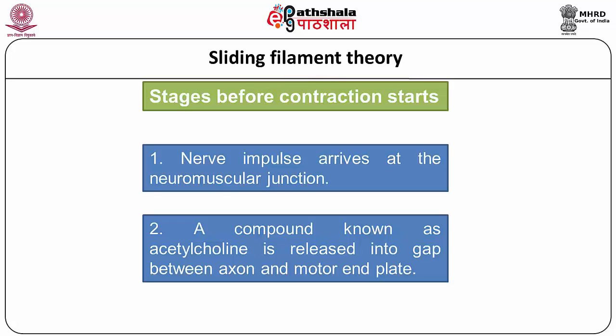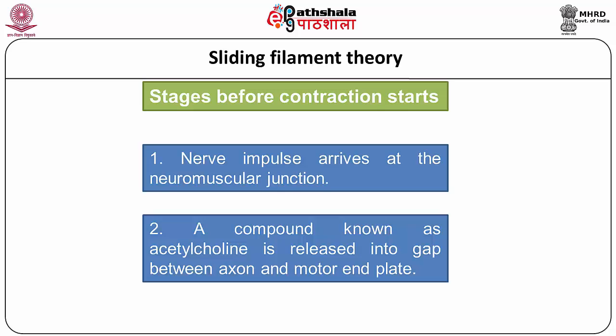The sliding filament theory is the most accepted theory of muscle contraction to date, since it can explain the majority of the actions in detail. The sliding filament theory explains the contraction process. However, before the contraction happens, the electrical impulse has to come to the muscle. So there are 5 stages before the contraction of the muscle actually starts. In the first phase, the nerve impulse arrives at the neuromuscular junction.